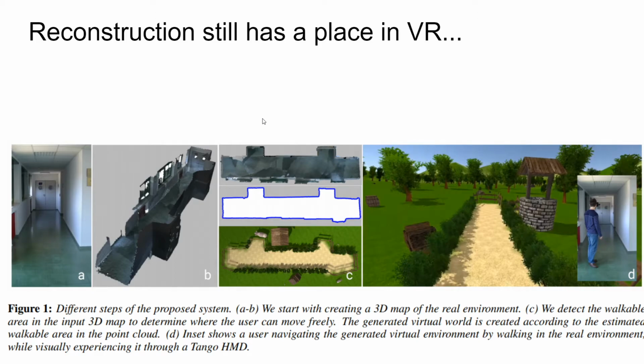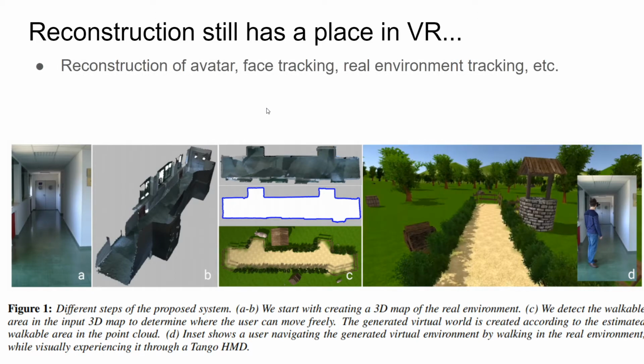In VR, you can still do reconstruction, and there are still really important uses of reconstruction, such as avatar reconstruction and tracking people's faces, which we've seen before. And there's this other interesting paper from 2016 that you can check out on using the real environment, where you reconstruct part of the real environment and then create a virtual environment out of it.